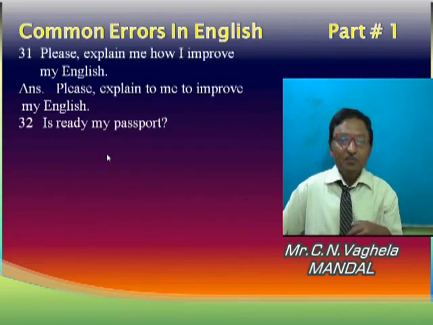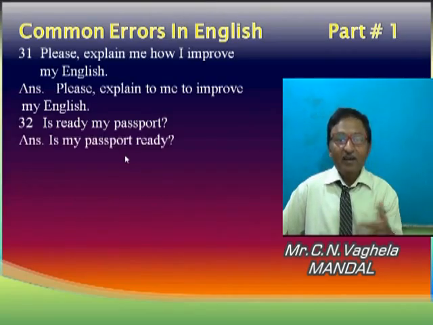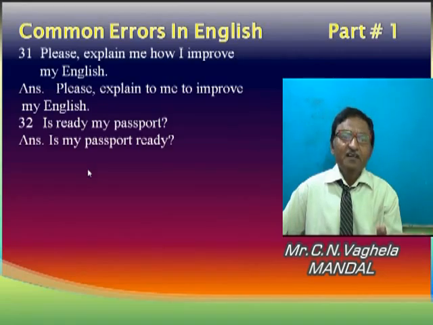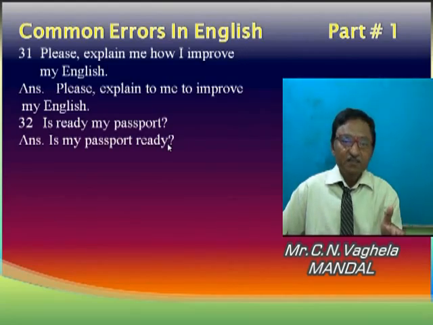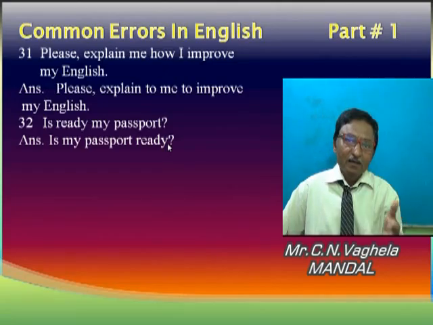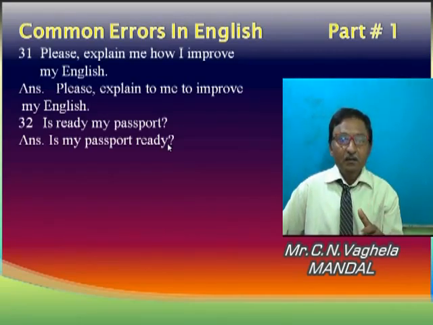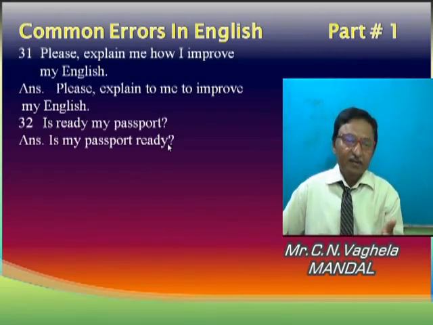Is ready my passport? That is wrong. Is my passport ready? Question mark. So when it is a question, you have to use is, am, are in the beginning of the sentence in present tense, was, were in past tense, have, has in present perfect tense, had in past perfect tense.